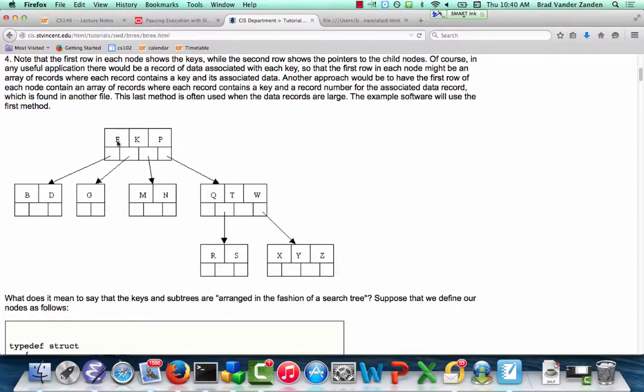So the requirement is much like what you have for a binary search tree.